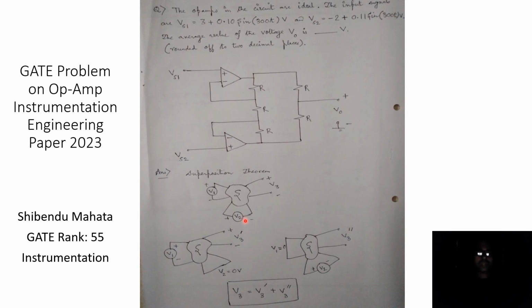The only other instance here is that we apply V2 to the circuit and make V1 equal to 0 volts. We deactivate V1, measure the value of V3, and call this V3''. Therefore, in the original circuit, V3 would simply be the summation of these individual outputs: V3 is equal to V3' plus V3''.